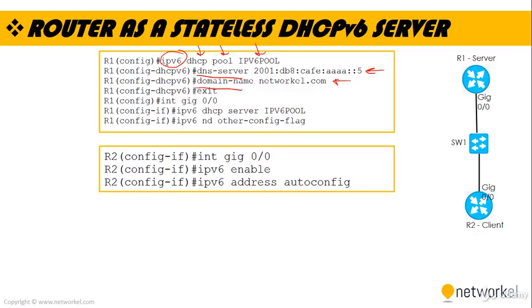And here we also have another configuration, the IPv6 nd other-config-flag. This flag is required as it will inform clients through the router advertisement message that they have to use DHCP version 6 to receive extra information.